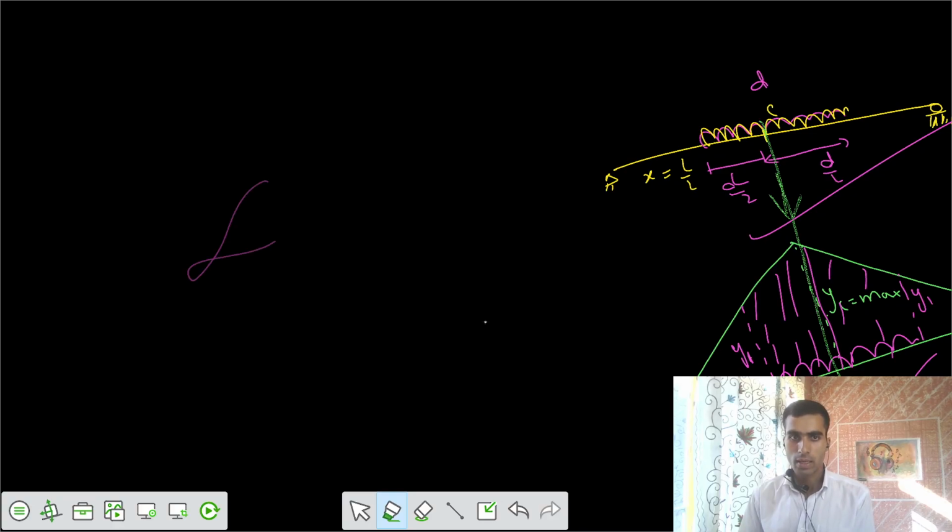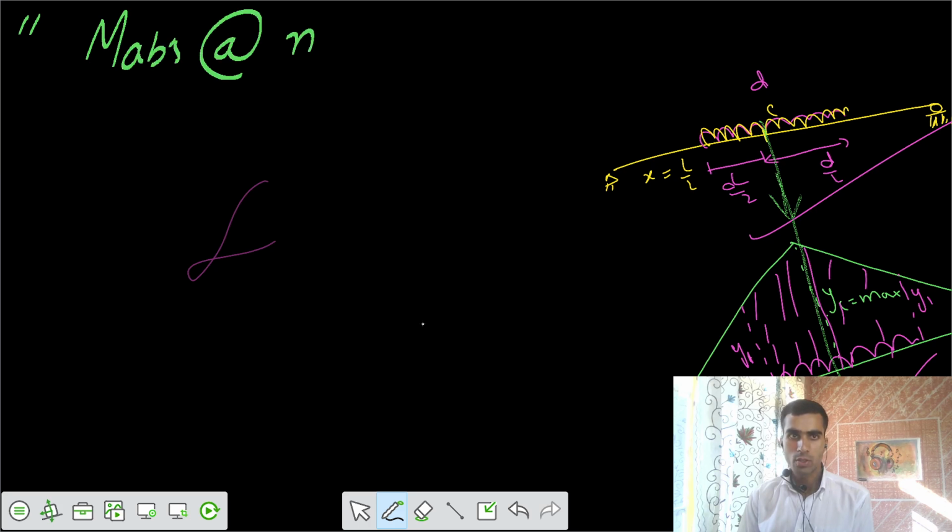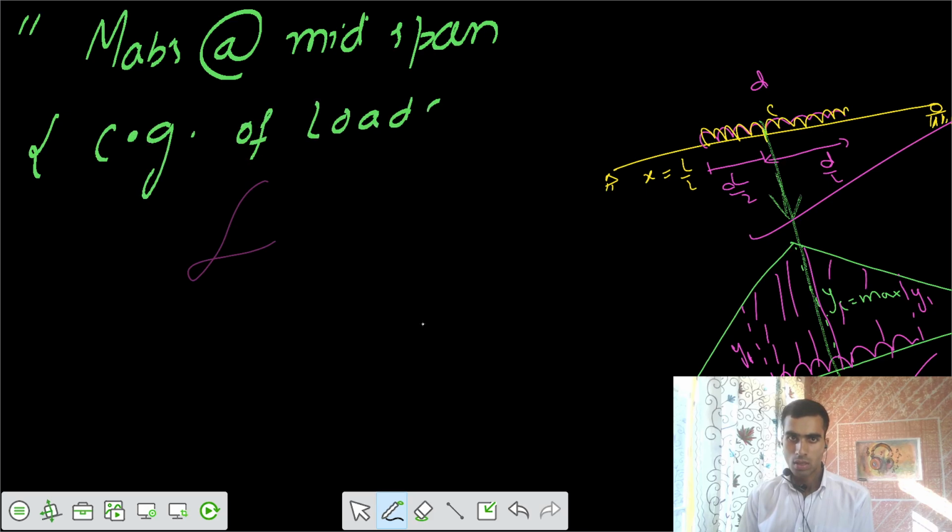For the absolute bending moment at midspan, what the statement is saying is that at that location, the CG of the loads will be at the midspan.